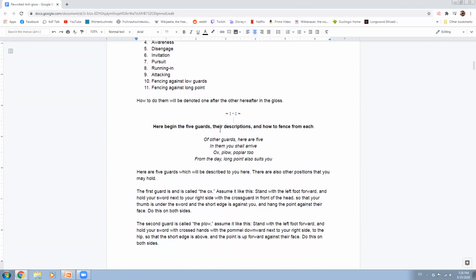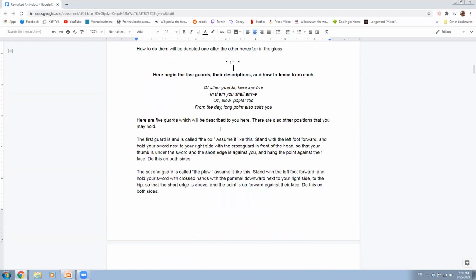Okay, so let's start with the 5 guards. The reason I started with 5 guards is because in the glosses, we're first given the 5 hews, and the latter 4 of them, not the Zornhau, but the other 4, all start with the Vierversetzen.